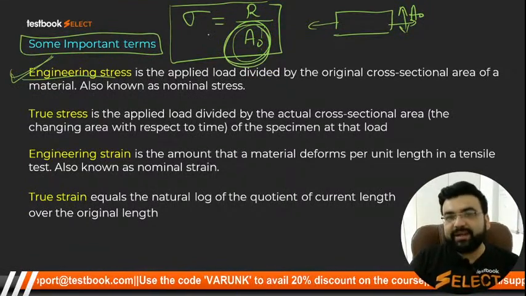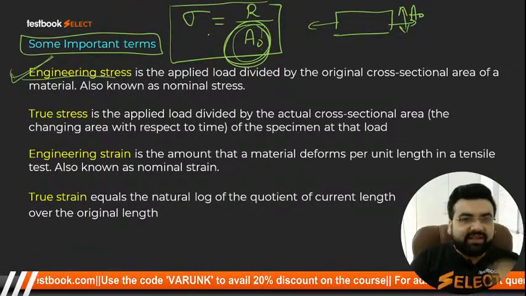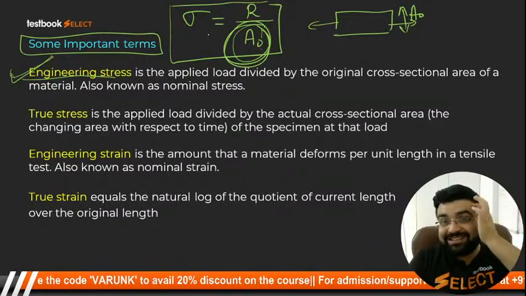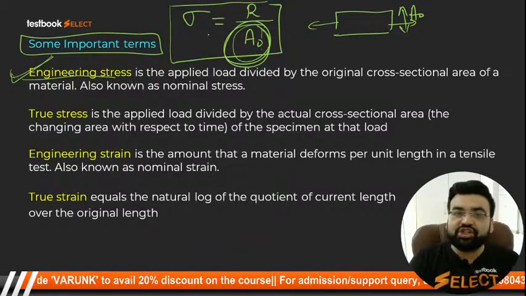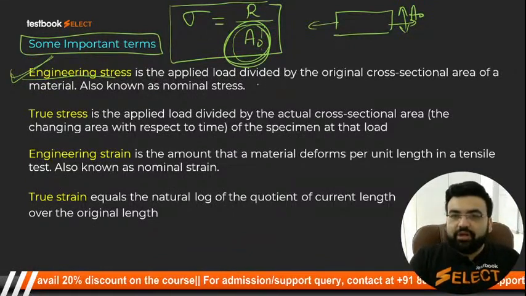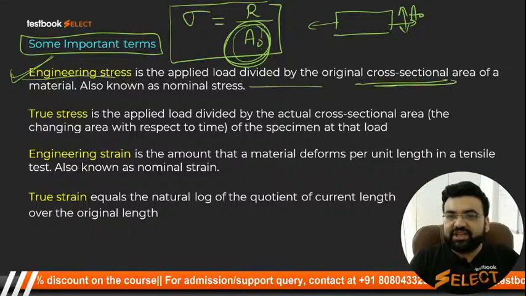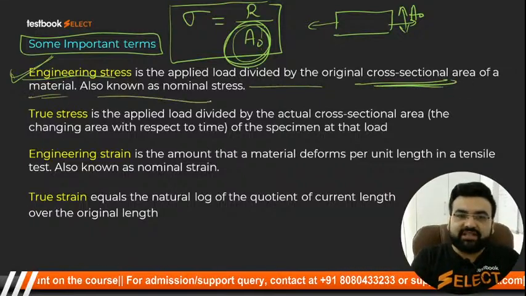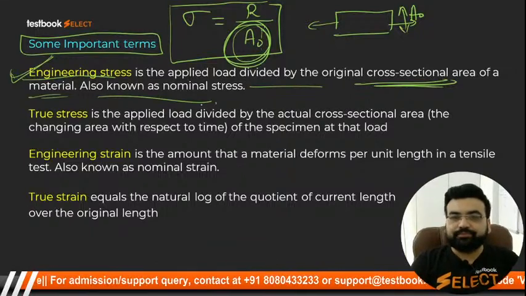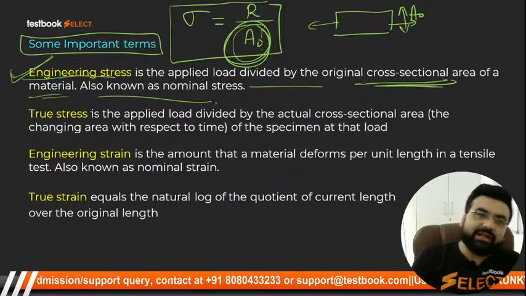In strength of material, when I tell you engineering stress, the first thing that should strike your mind is that it is divided by the original area. Clear? So it is the applied load divided by the original cross section area of the material, that is what is called the engineering stress or the nominal stress. Clear? Now what is true stress?